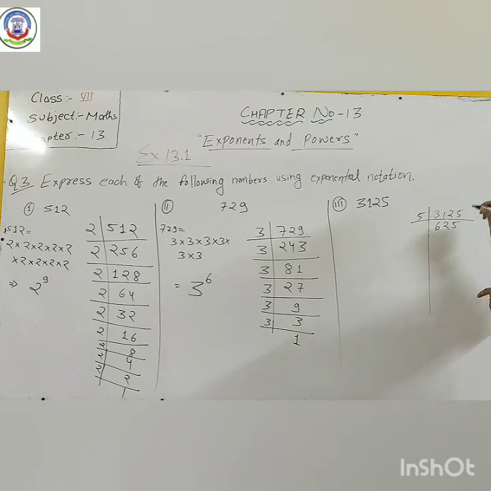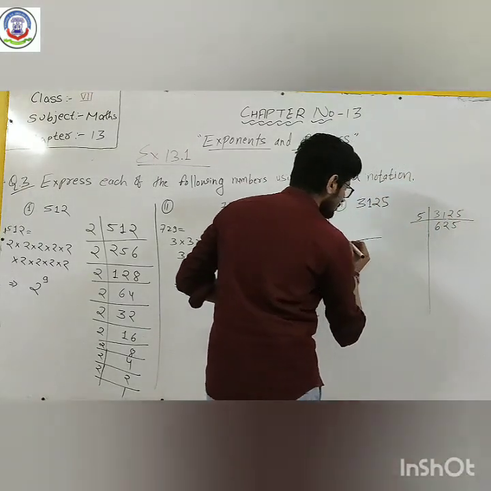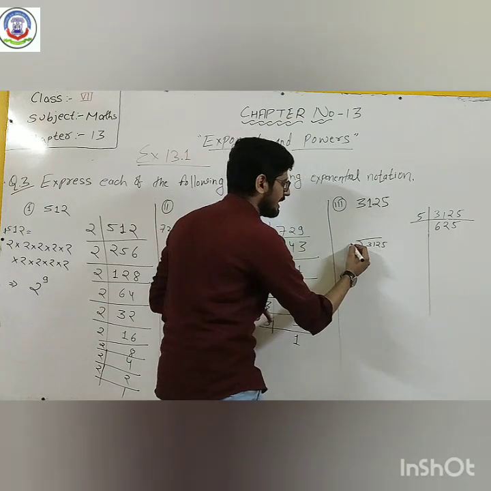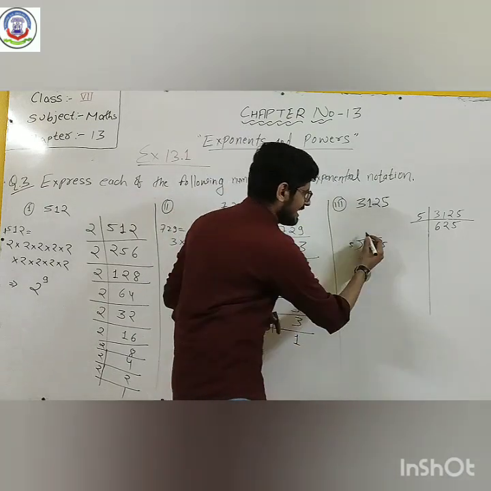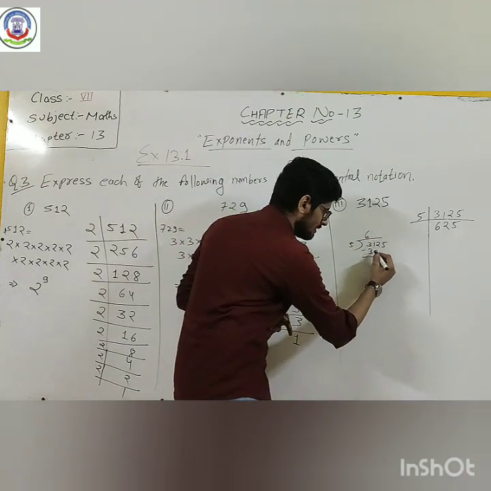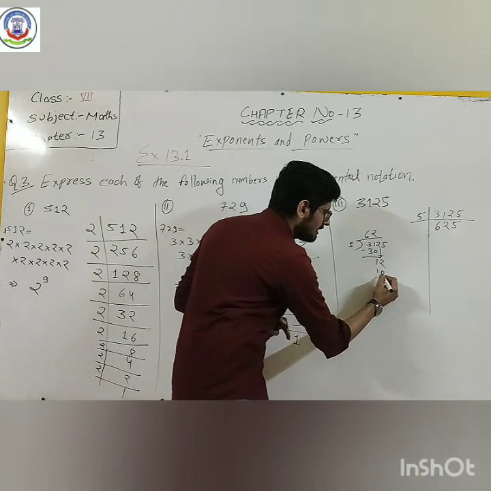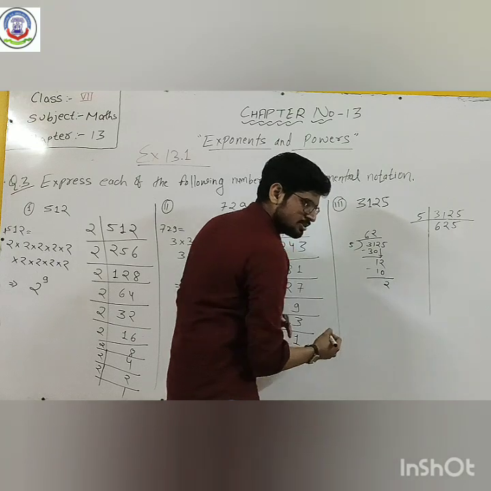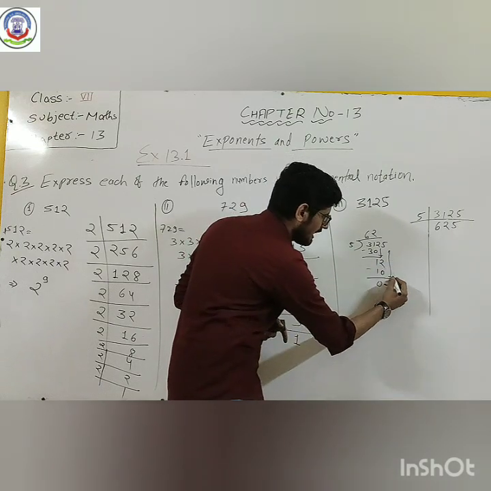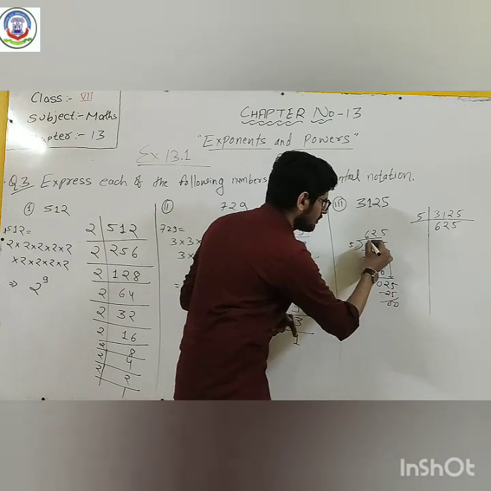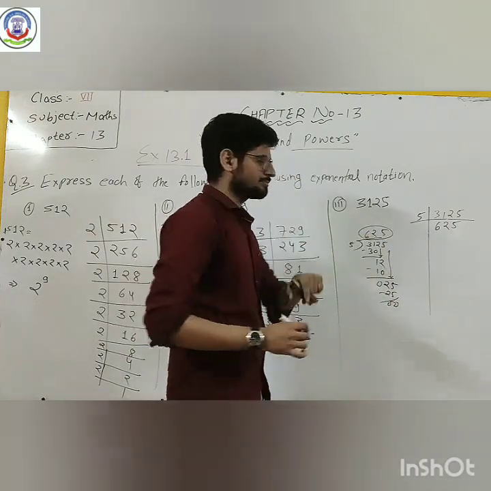Clear? If you are not able to do this, directly divide 3125 by 5. 5 6s are 30. 1 over here, then 2. 5 2s are 10. 2 minus 0 is 2, 1 minus 1 is 0, then 5. 5 5s are 25. Okay, 625.